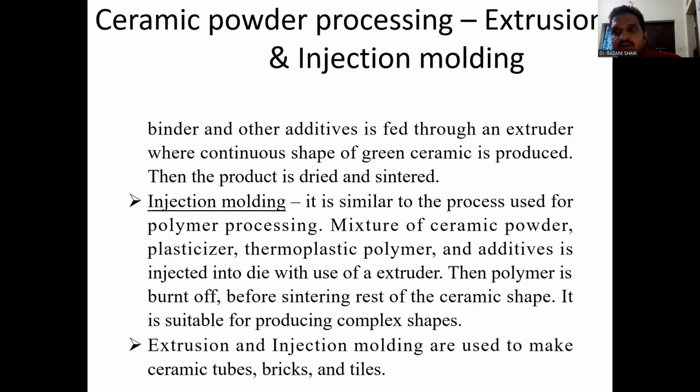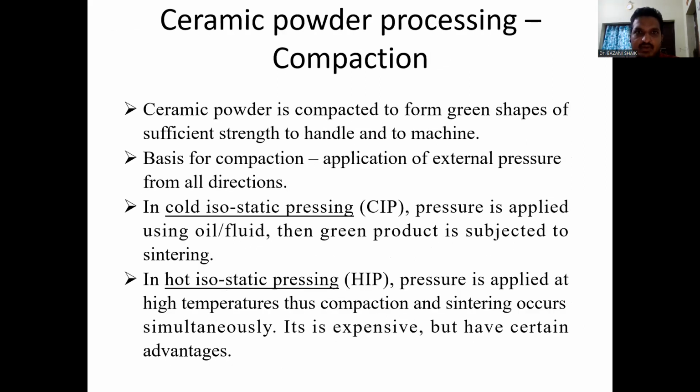A mixture of ceramic powder, plasticizer, and thermoplastic polymers is injected into a die with the use of an extruder. Then the polymer is burnt off before sintering the rest of the ceramic shape. It is suitable for producing complex shapes. Extrusion and injection molding are used to make ceramic tubes and bricks.